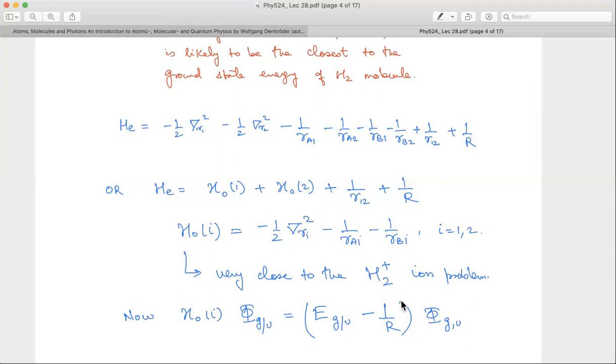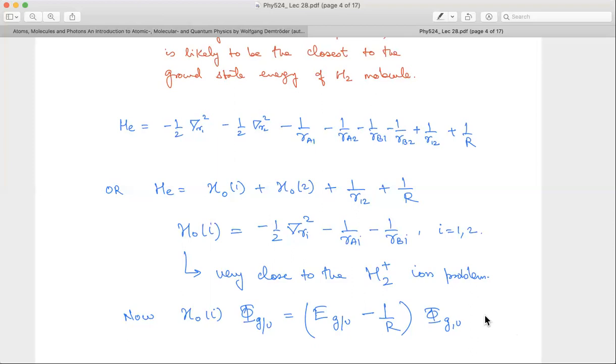So here I am not even doing explicit calculations, let's say. I am doing some sort of an approximate scheme where I will say, let's just subtract out this 1 by R and see what happens. So you are right, actually. In principle, I should go into a more complicated calculation of the expectation value of this 1 by R. But let me make an approximation.